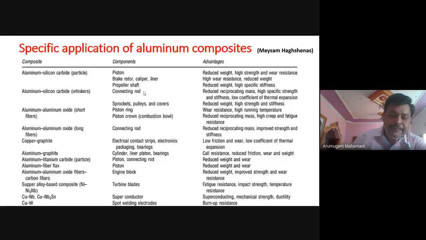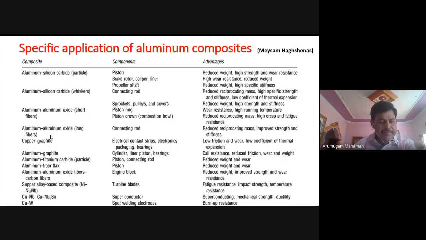Instead of saying automobile applications, you can go for specific ones. Then again, aluminum silicon composite, aluminum SiC particle, and SiC whisker are also used. Aluminum oxide short fiber is used in sprockets, pulley and covers, piston ring, piston crown. These are all the areas where it is used.